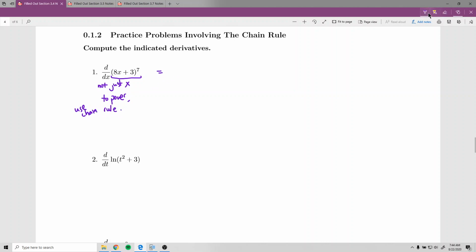But if you think about it like we just did with the previous problem, we start by doing the power rule, because if this was just x to the 7th, we would use the power rule. But we keep the inside the same. But the one thing we can't forget about is multiplying by the derivative of the inside, and the derivative of 8x plus 3 is 8.